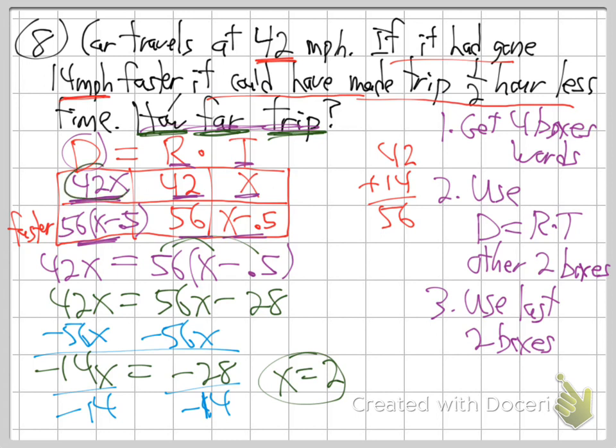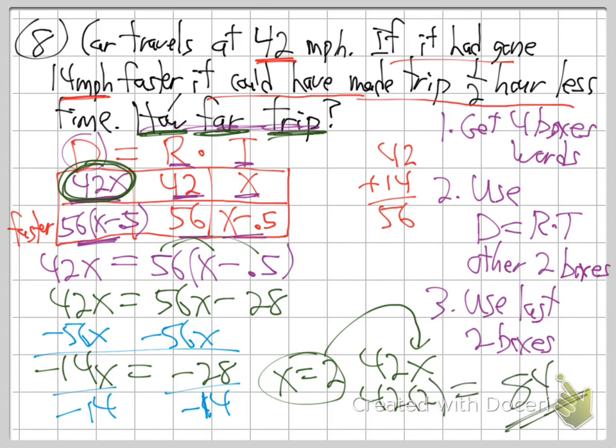Yeah, distance. You can grab that right there. There's our distance. Grab that 42x and just take that 2. So I'm going to take 42x and plug the 2 in. It's 42 times 2. It's 84 miles. 84 miles must have been the trip distance.